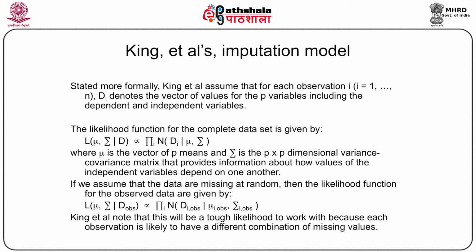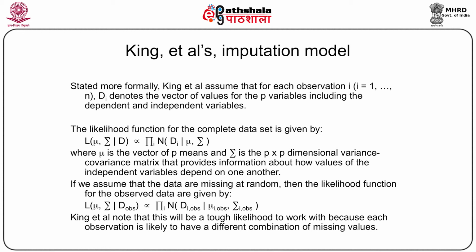If we assume that the data are missing at random, then the likelihood function for the observed data can be written as a product of individual normals of d sub i obs given mu sub i obs and sigma sub i obs, where obs stands for observed.